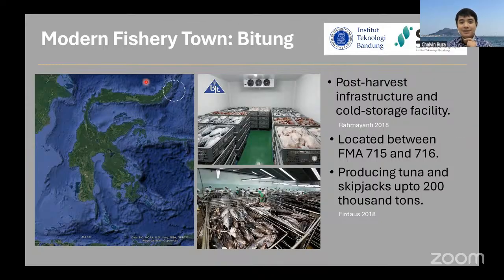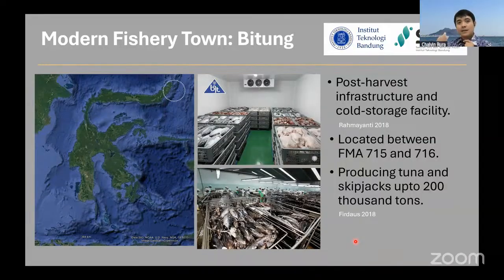But there's a town in the north called Bitung where they have a very modern process in not only capturing but also storing and post-processing of the tuna, because their main focus is to export.